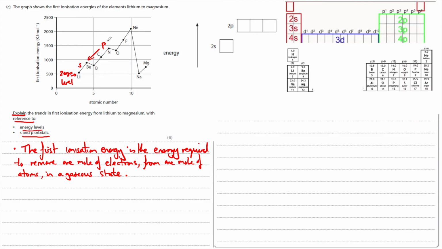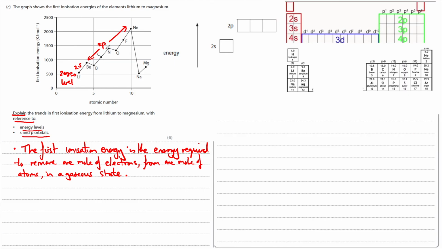All of these are in the 2p and those are in the 2s. So you can see that there's a drop when you go from beryllium to boron, because you're going from the s subshell to the p subshell, so they're slightly further away, meaning there's less energy needed to remove the electron from boron compared to beryllium.